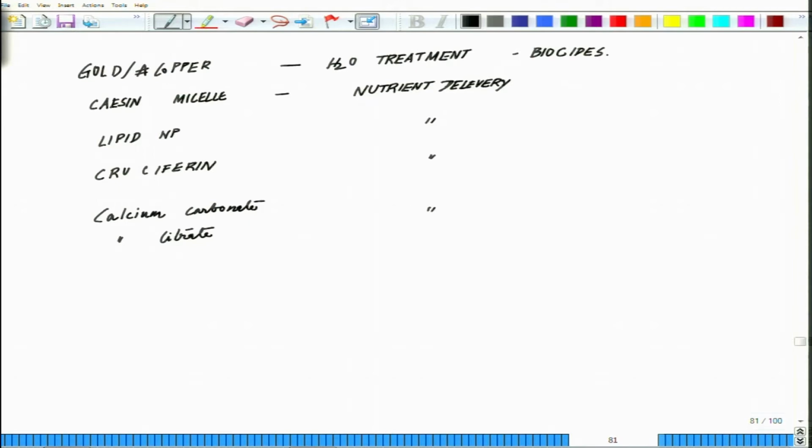Similarly, you have silver. Silver is an eco-friendly biocide material, Ag. So this is a biocide in animal systems. Copper, as a metal, is used as a biocide, as we have already talked about, and is also used for nutrient delivery. Gold is used as a biocide, as already mentioned.